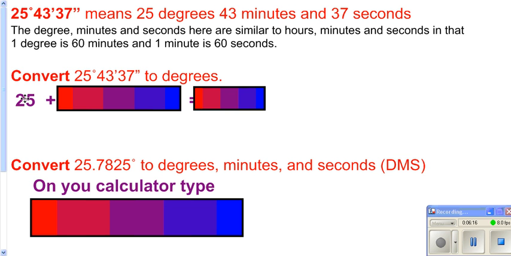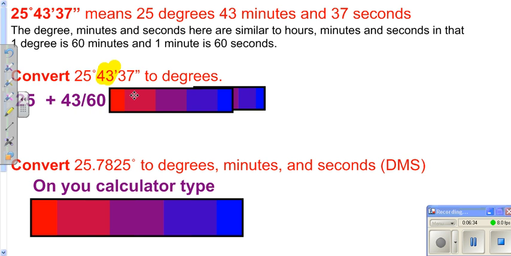Well, we know it's going to be 25 degrees plus a part of a degree. So when you're looking at your 43 minutes, you'd have to convert that. Well, it's only part of an hour, so you're going to have to divide it by 60. It's also part of a degree, so you're going to divide it by 60.